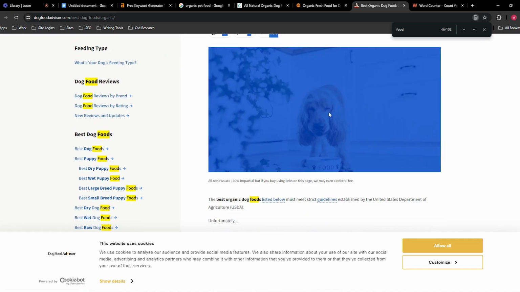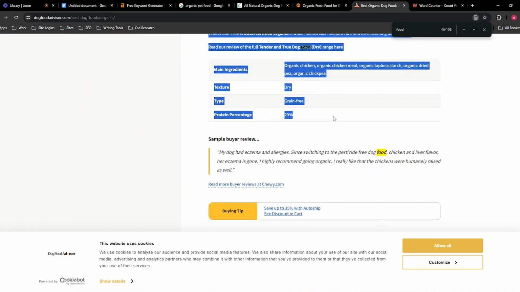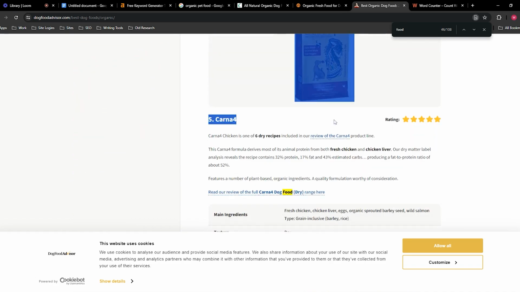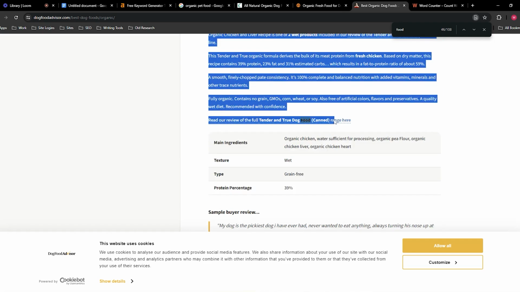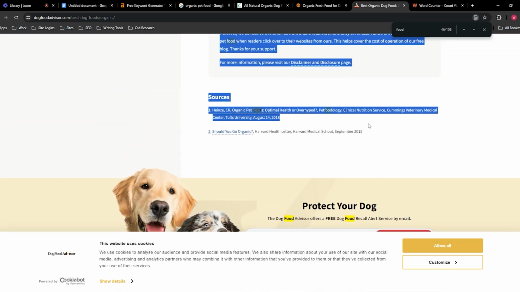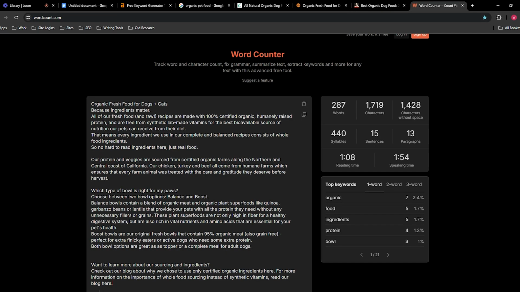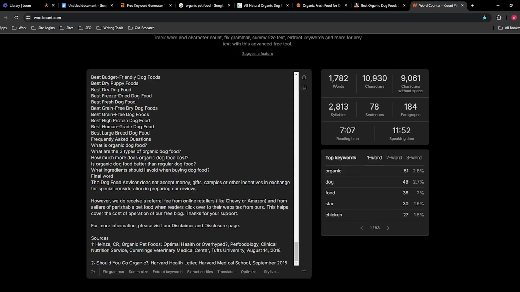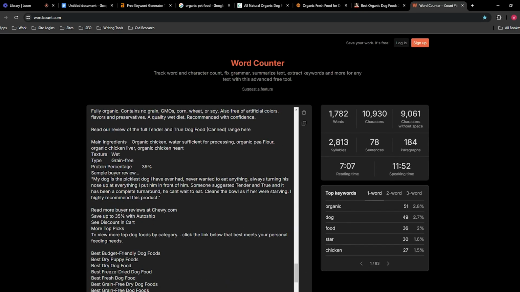Over here, we'll see how many words there are. Even though it's recommending things, it still has a lot of words. Up till here, this one has 1700 words. That's a lot, so this is probably the ideal.